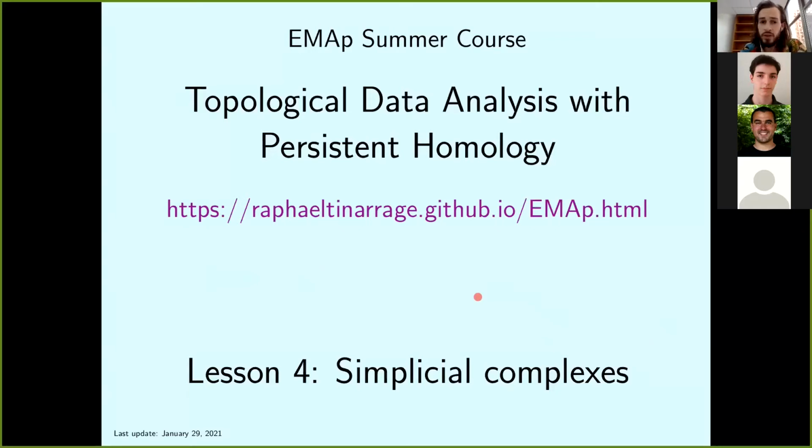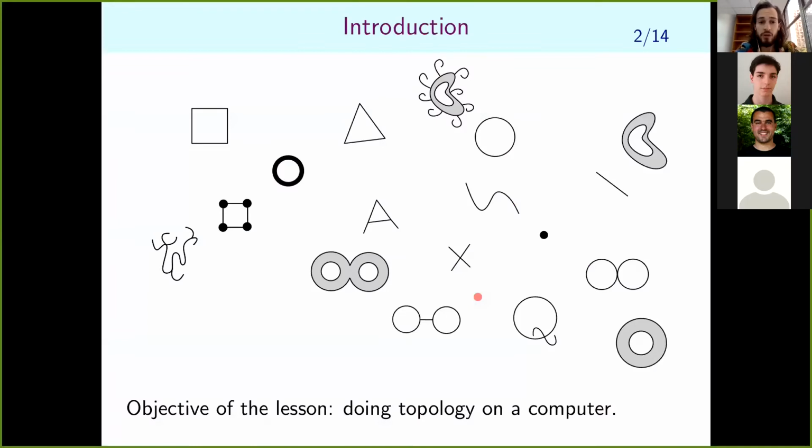And the theory of topology on a computer starts with the following question: how can I do topology on a computer? So this is called combinatorial topology. And we will learn today how to represent topological spaces on a computer.